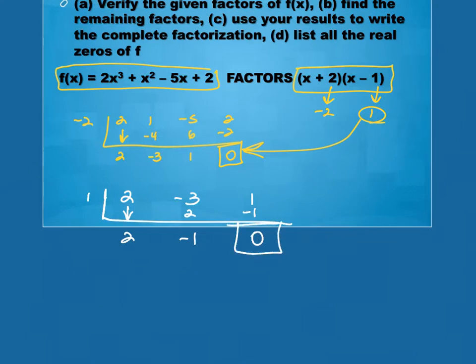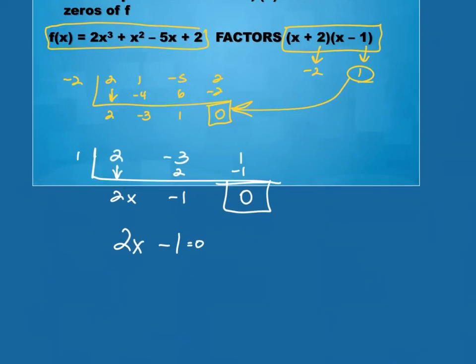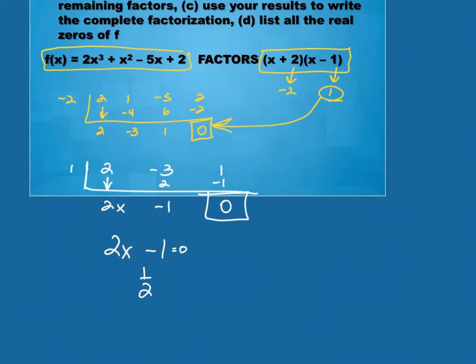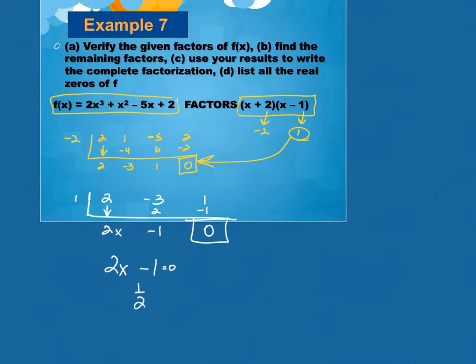Again, showing that that is a factor. And what's left is 2x minus 1, which means my last root would be what? 1/2. So my roots are negative 2, positive 1/2, and 1.